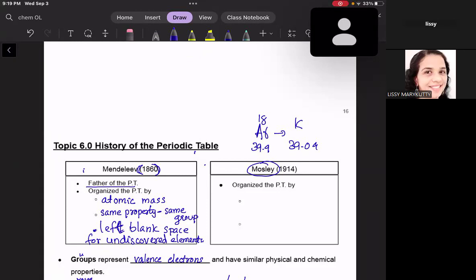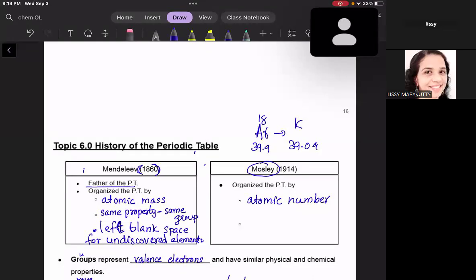So Moseley said we have to change the order Mendeleev followed. Instead of atomic mass, we have to use atomic number. That is the only correction made by Moseley. The periodic table looks exactly the same.